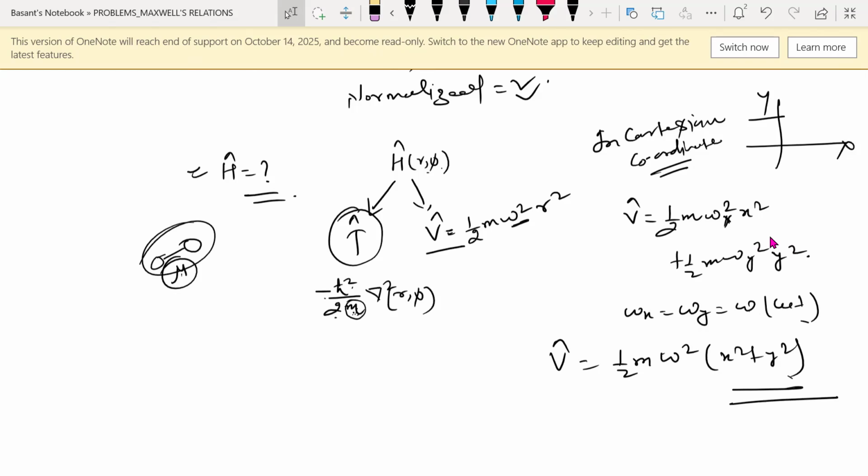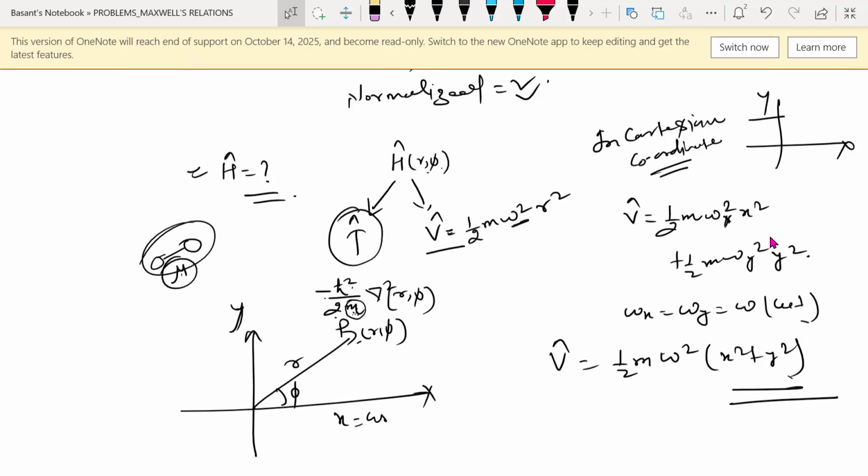But in the 2D model, we know that this r, phi point is represented as in this figure, and here the x component is r cos phi and the y component is r sin phi.